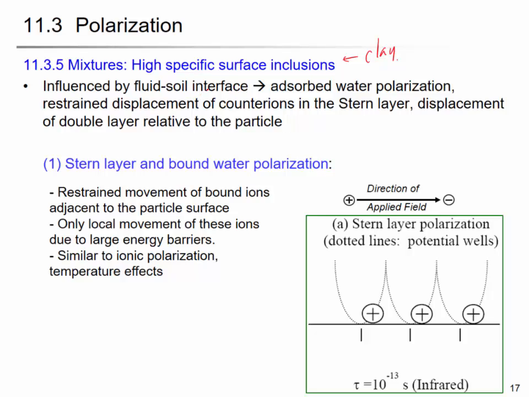On top of that, in the high specific surface soil, you also have soil particle and fluid interaction that can be reflected in the observed water polarization and Stern layer polarization. Here, the Stern layer polarization and bound water polarization show restrained movement of the bound ions and local movement of these ions due to their large energy barrier, similar to ionic polarization.